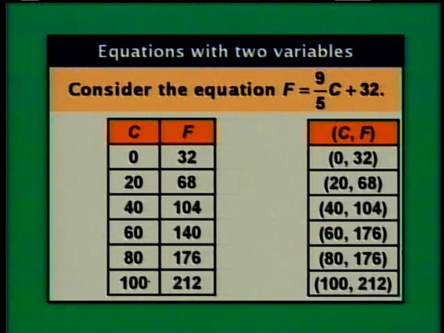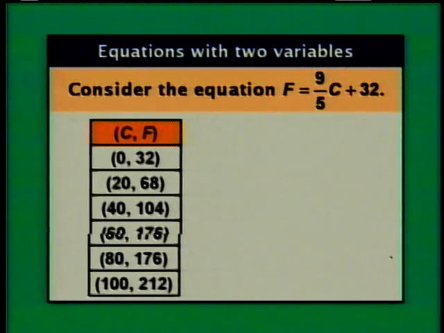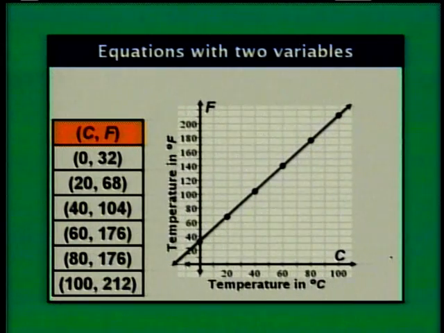So now what I've done is I've established some of the ordered pairs that satisfy this equation, and now I'd like to look at a graphical representation so I can get a picture of all of the solutions to this equation. So here I have C on the horizontal axis, temperature in degrees Celsius, and F, temperature in degrees Fahrenheit, on the vertical axis.